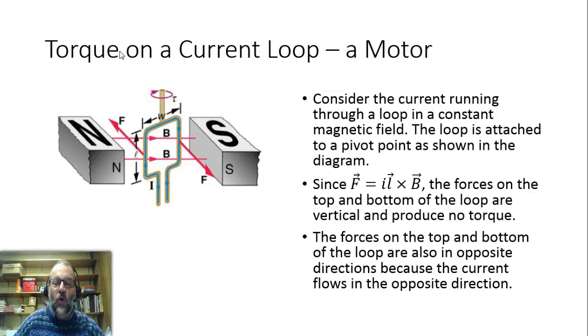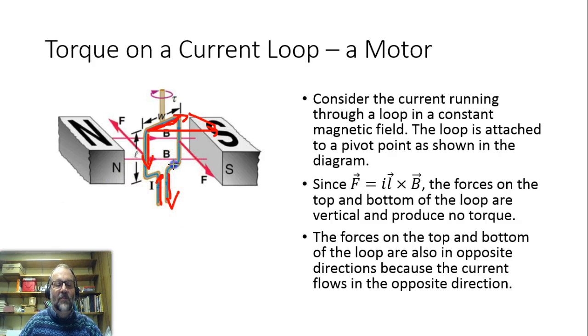Now let's look at the torque on a current loop. Consider a current running through this loop. So it goes in this way and up and around and out that way. That's the current. Now along the top, the current's flowing this way, and the magnetic field is this way. So I cross B indicates that the force on that part of the loop is downward.